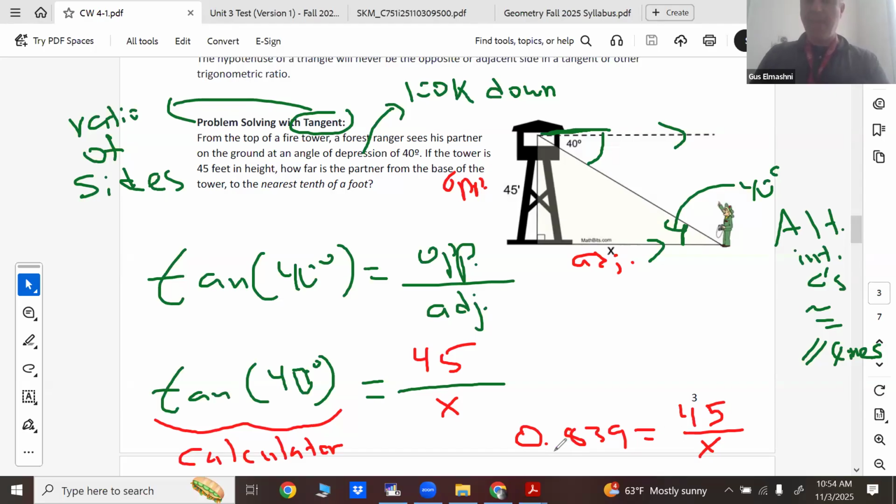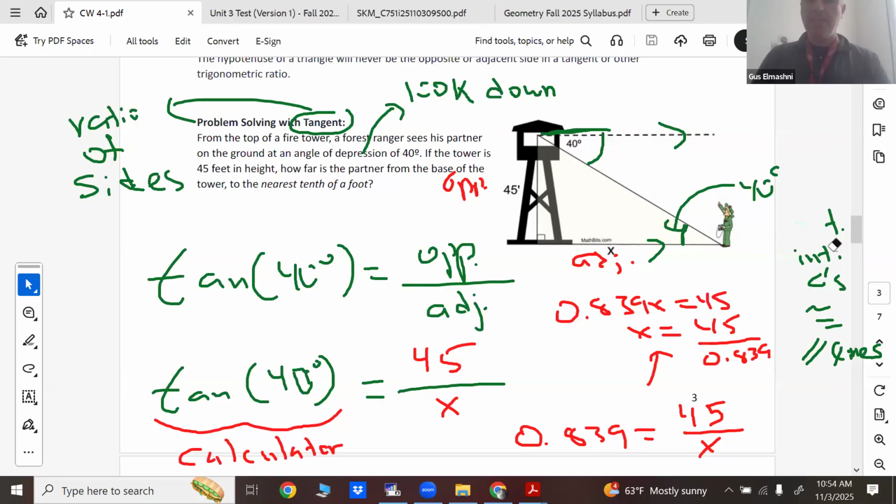Correct. Yes. So you can multiply by x, 0.839x equals 45. What does x equal? 45 over 0.839. I do need to be a little careful how I write this because people can easily mess up the fractions. We'll do this a few more times so you guys get the hang of it. If I work that out, I should get 45 divided by that number.